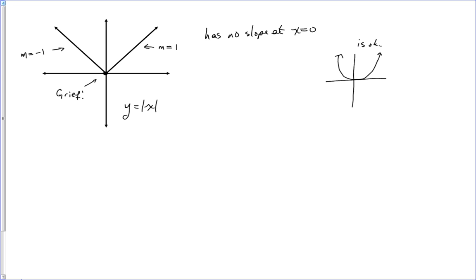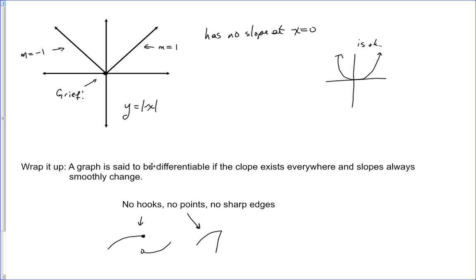Alright, let's wrap some of this up. A graph is said to be differentiable if the slope exists everywhere and slopes always smoothly change, meaning no hooks, so you can't have any kind of gaps like this, no points, and no sharp edges.